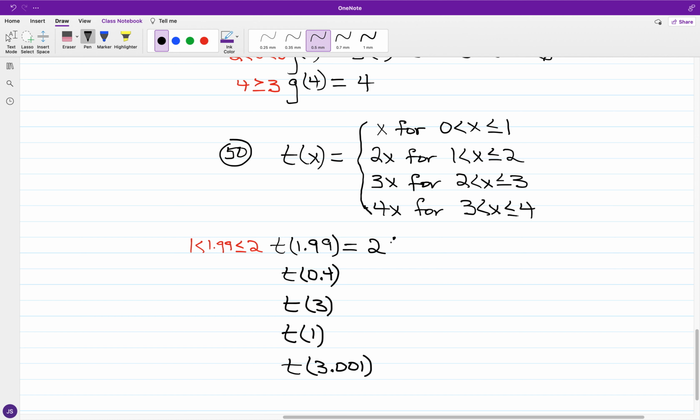And here we're going to have 2 times 1.99. Okay, that first part is going to yield 3.98. Now for 0.4 belongs as an input, and this will fall between 0 and 1.